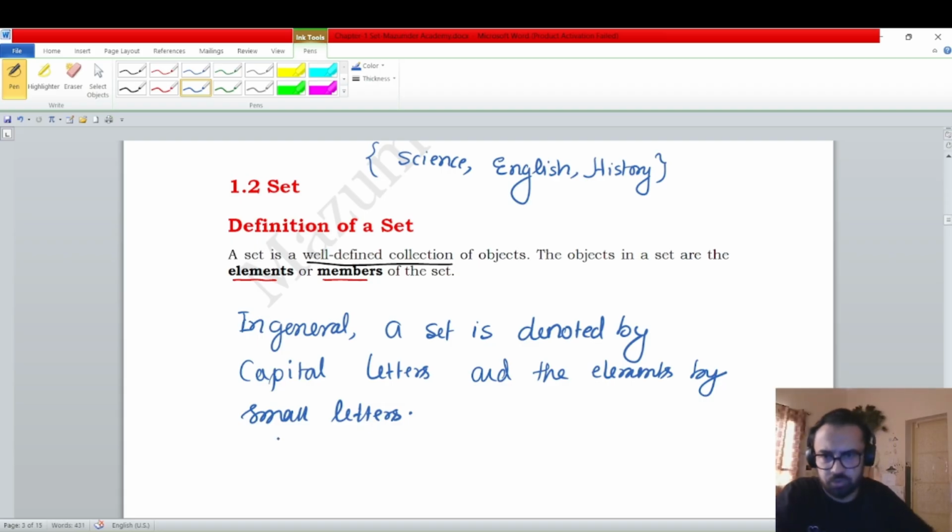For example, capital A equal to A, E, I, O, U, like that.